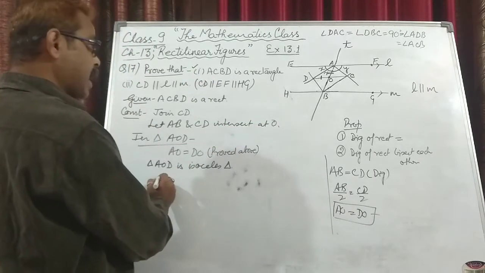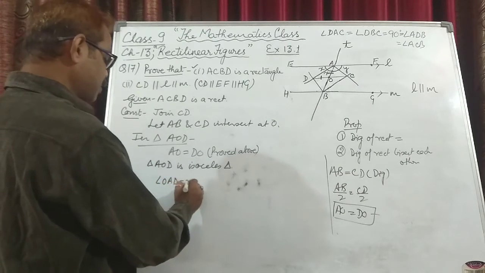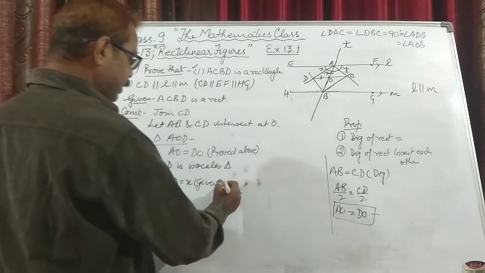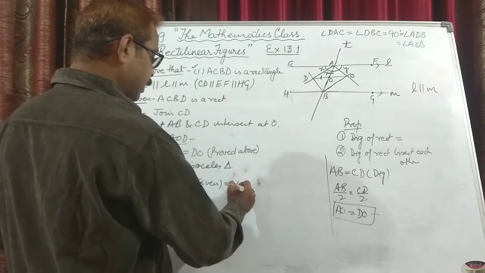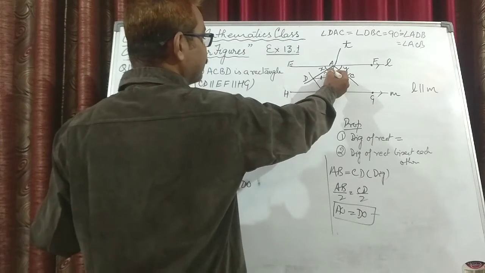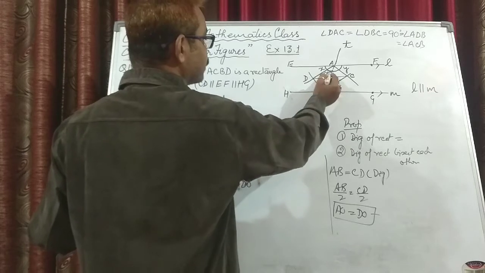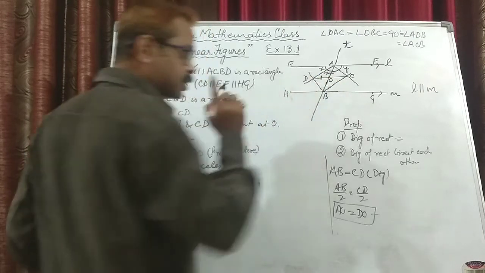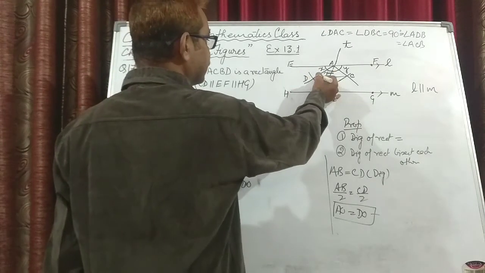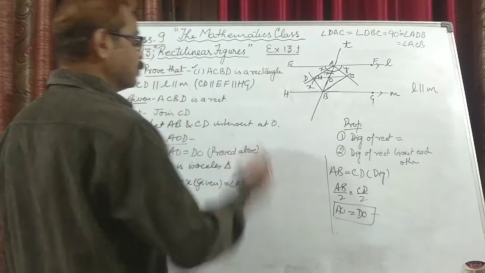So we can say angle OAD, which was considered to be X, is equal to angle ADO. Since these two sides of triangle AOD are equal, angles opposite to equal sides are also equal. If this is X, then this angle will also become X.